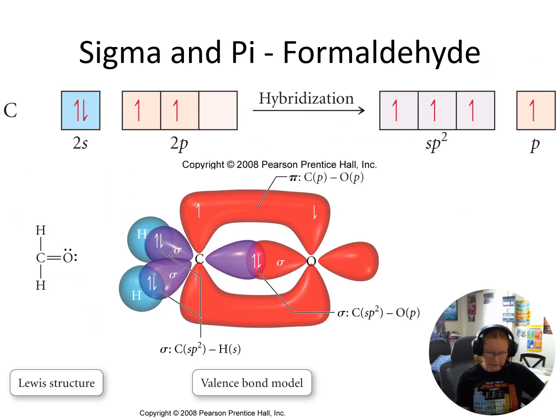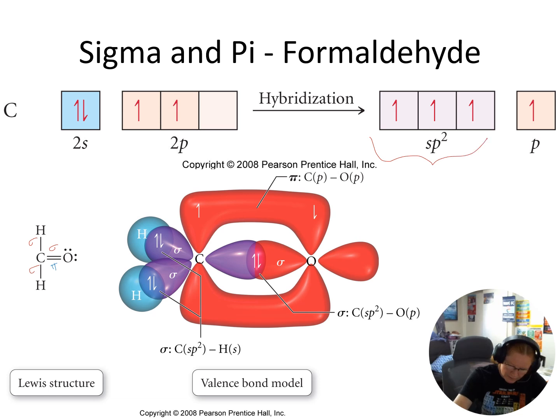All right, same thing here. We've got this formaldehyde, sp2 hybridization, sigma, sigma, sigma, and then we have that one pi bond that forms with that oxygen. And so these 3 are sigma bonds, and this one right here is the one that participates with the pi bond.